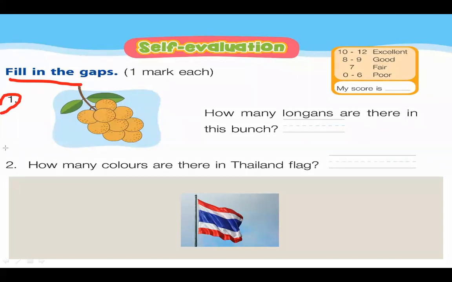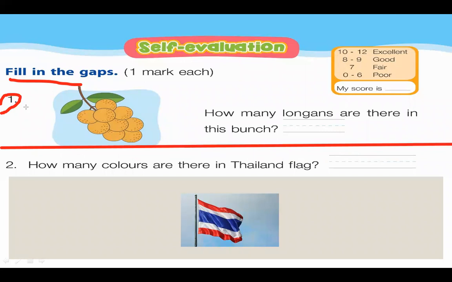Let's put a line here. This area is number one. Look, what fruit is this? Yes, that is called longans. Let's read the sentence.